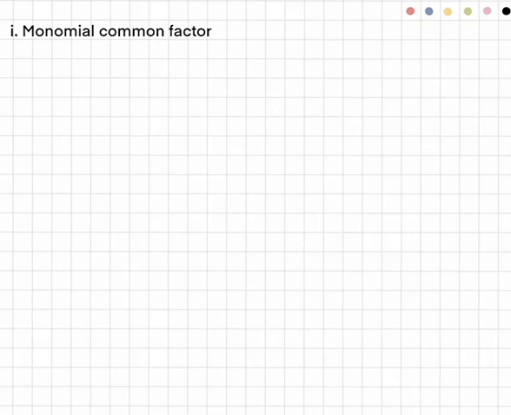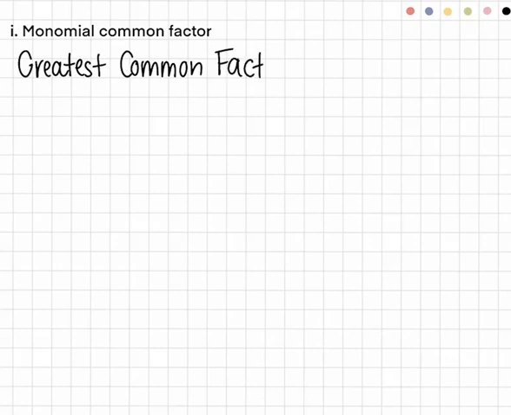So when we're factoring, what we want to do is follow the same steps every time. And one of those first steps that we're always doing is we're asking ourselves, is there a greatest common factor that I can pull out and work with?